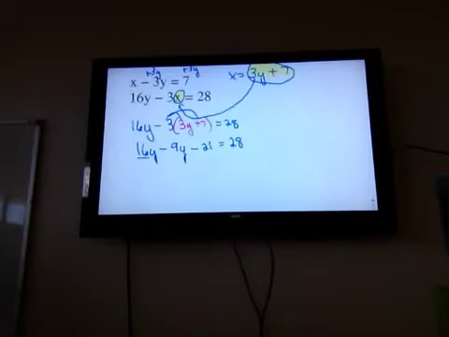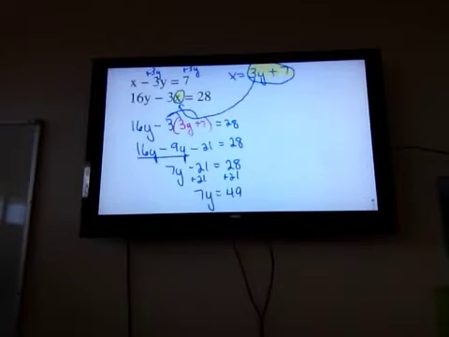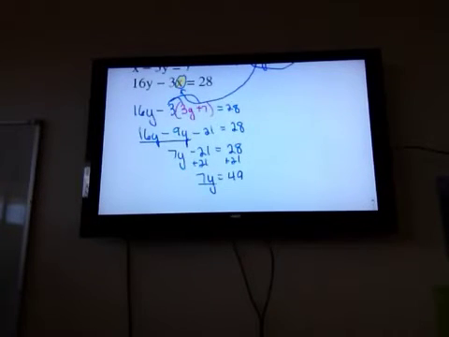Continue solving. 16 minus 9 is 7y minus 21 equals 28. Add 21 to both sides. 7y equals 49. And divide by 7. And y is 7.